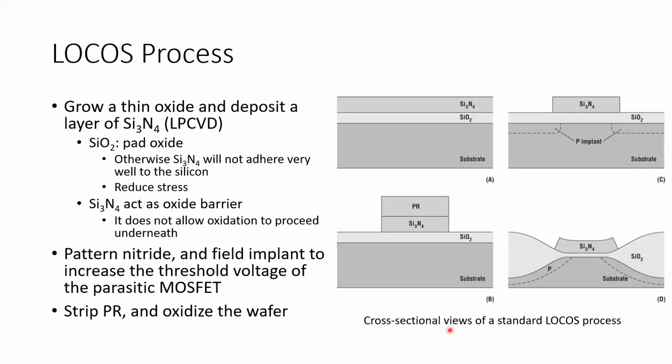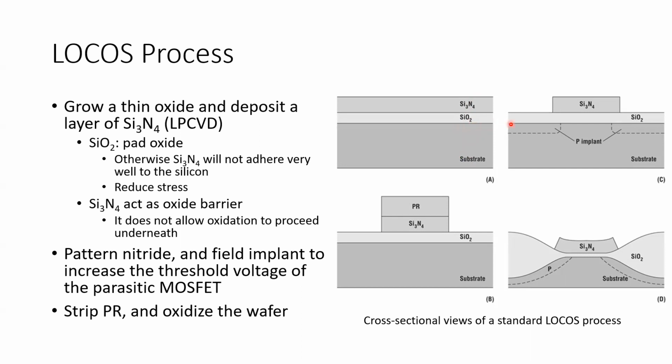To go into more detail, we grow silicon dioxide onto the substrate, and then deposit silicon nitride. The silicon oxide works as the buffer layer or pad oxide. As we mentioned earlier, this reduces stress between the silicon nitride and the silicon substrate, and it also improves adhesion between silicon nitride and silicon.